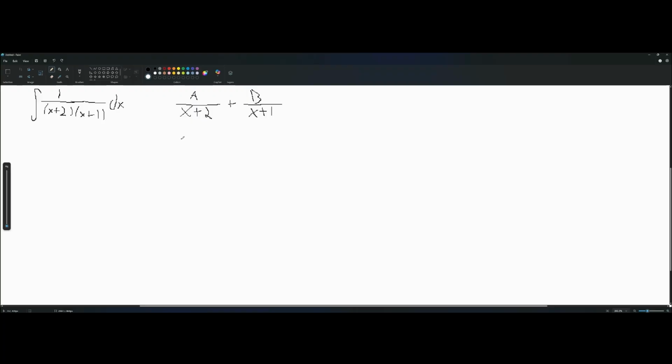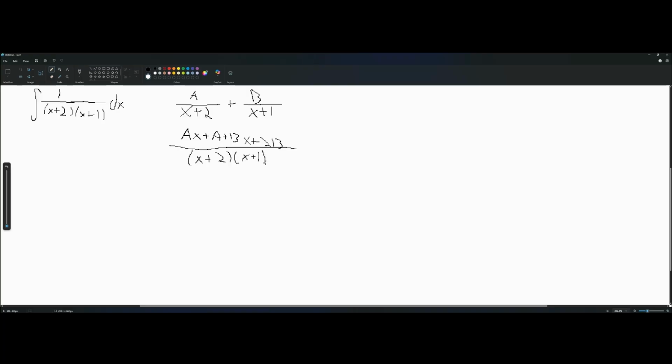And when we do that, we get ax plus a plus bx plus 2b over (x plus 2) multiplied by (x plus 1).